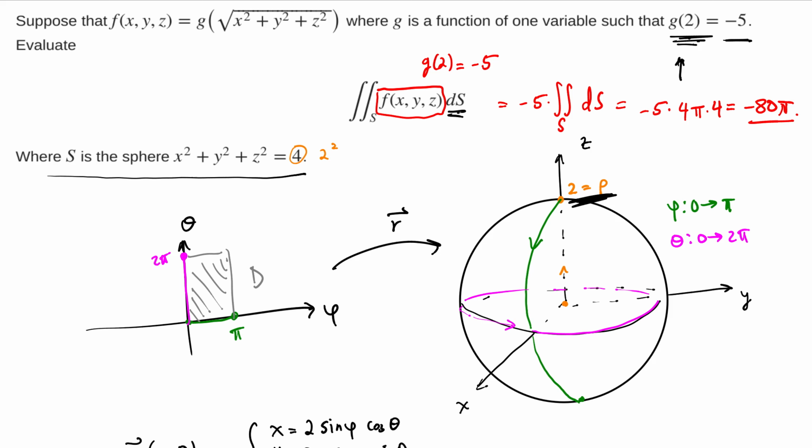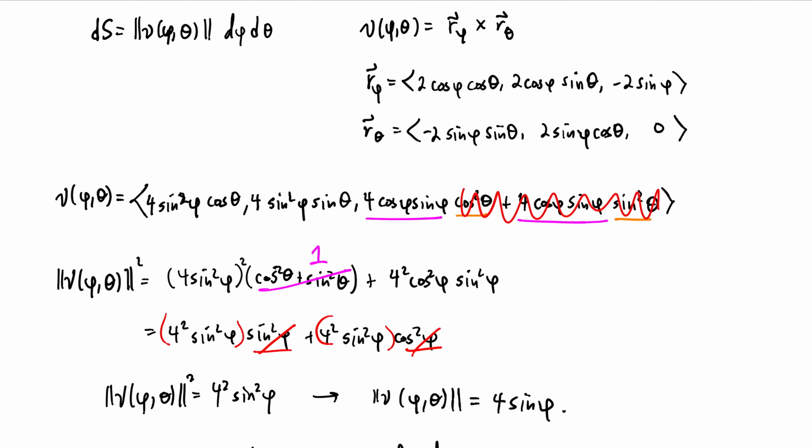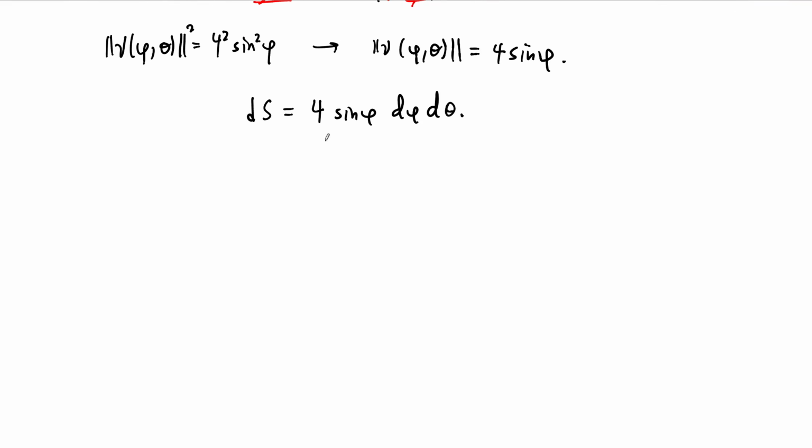We've already done all this work to work out the normal vector in this surface area element, so we might as well use it. So we want to compute the surface integral over the sphere of our function f of xyz dS. And we know actually that this function is really just g of rho, right?